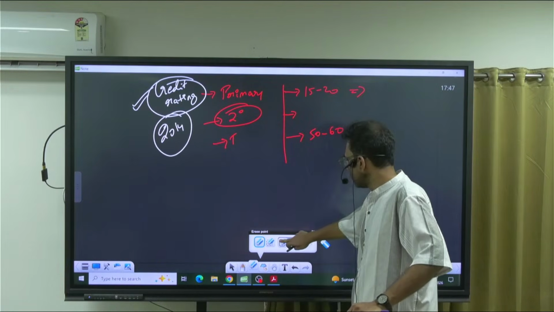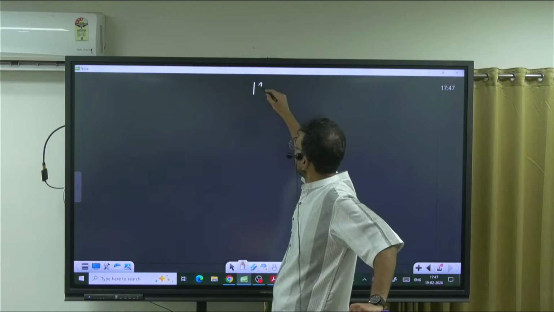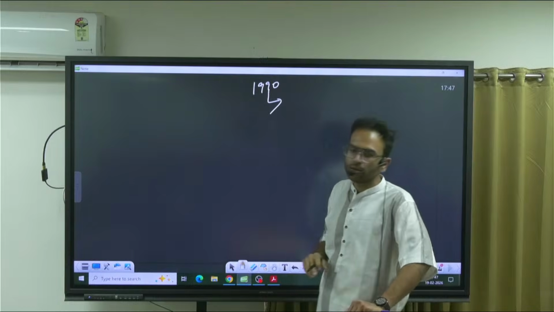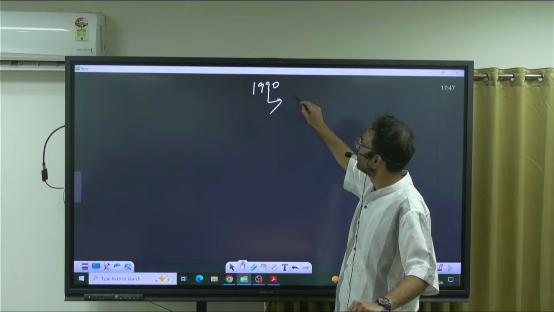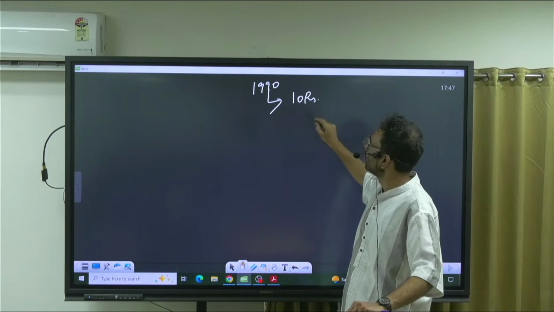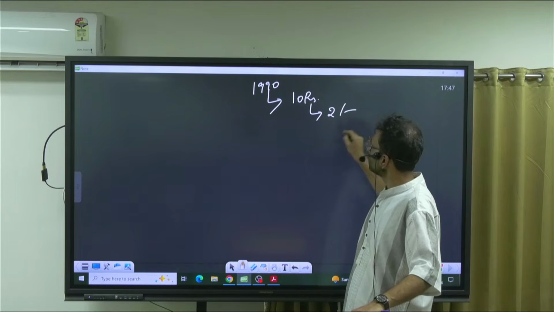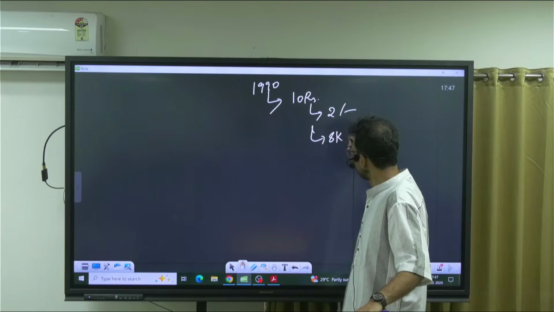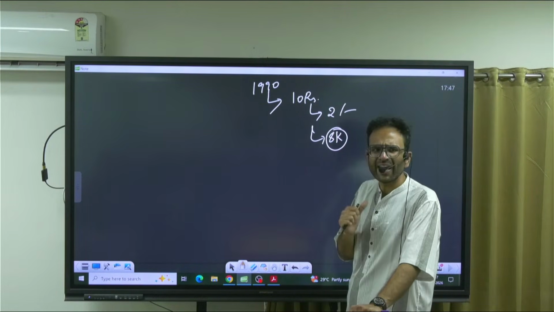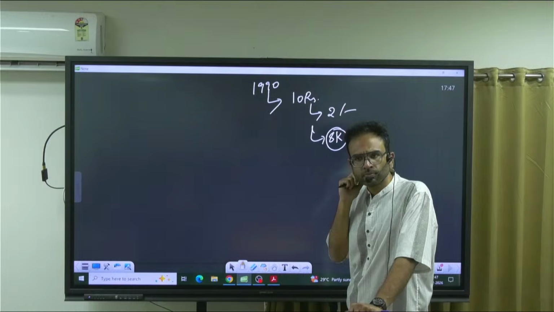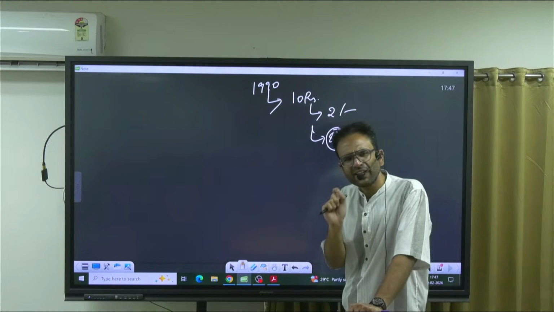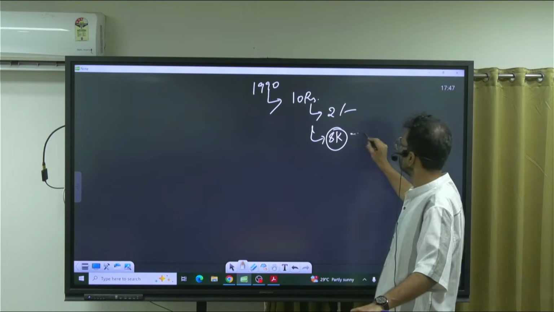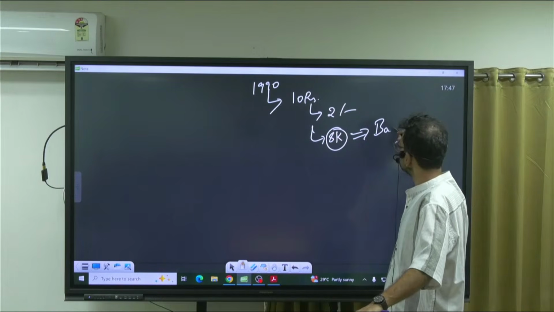Now, imagine a family in 1990. If the head of the family is earning, let's say, 10,000 rupees, you spend 2,000 rupees and save 8,000. When you say save 8,000, where is that money going? Usually, in 99% of the cases, it is banks.